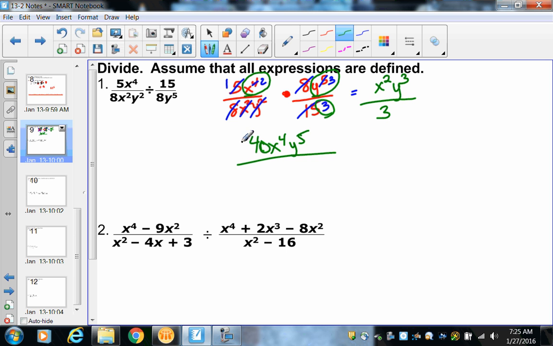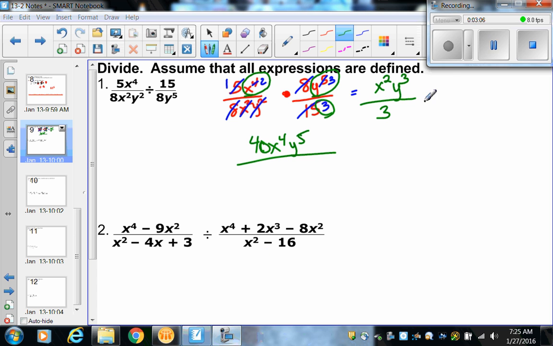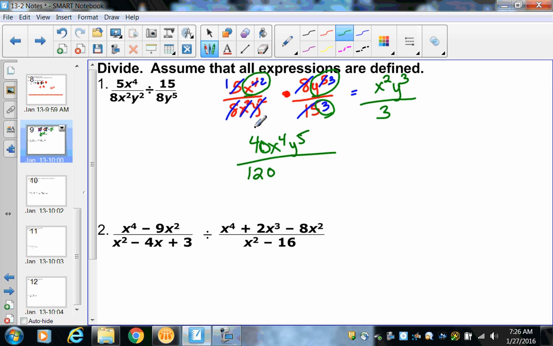And then on the bottom, you would have 8 times 15, which would give me 120, with your x squared, y squared. 40/120 reduces to 1/3. 4 minus 2 leaves me with x squared up top. 5 minus 2 leaves me with y to the third up top. So we get the same answer.